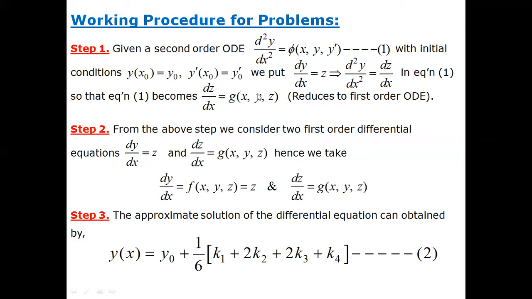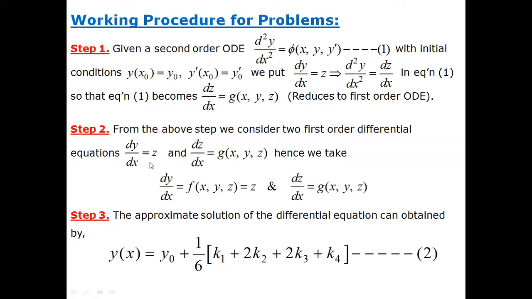And this is also a first order differential equation, which is obtained after replacing dy by dx and d square y by dx square using this substitution. So in the first step, if I use this substitution, the equation reduces to a first order form. From that, I'll consider two equations. One is our substitution and one more is the simplified equation. These two are of first order.